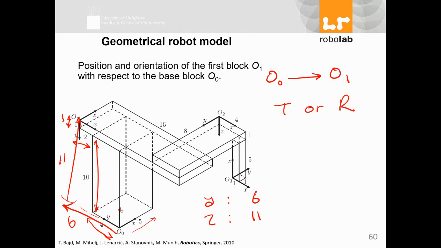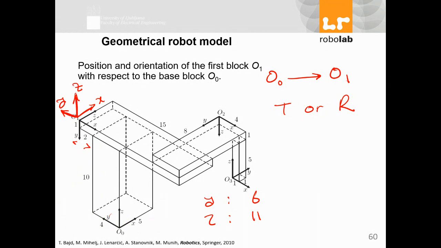If I move this coordinate system 6 units alongside positive y, and 11 units alongside z, what I get would be exactly this system, like that. So it's x, y, z. What you have is this. How do you convert this to that? What happened?